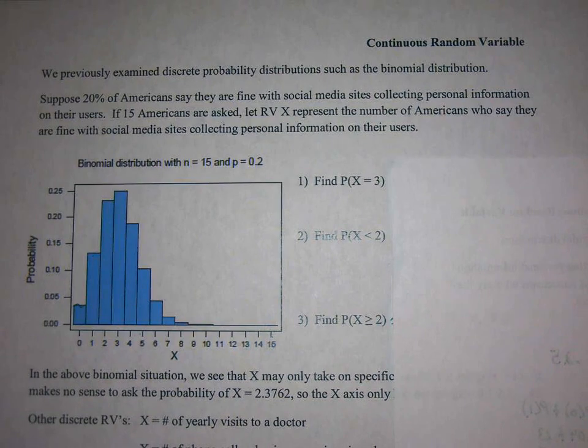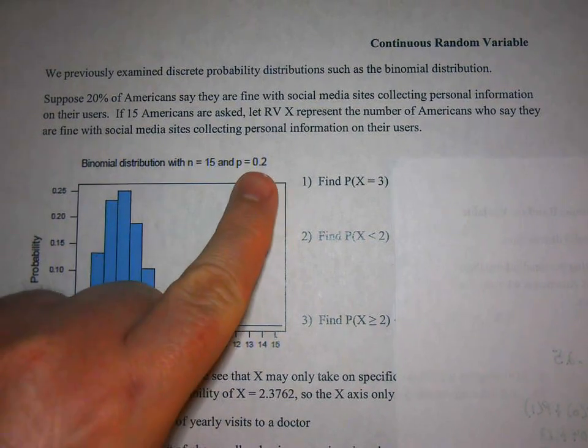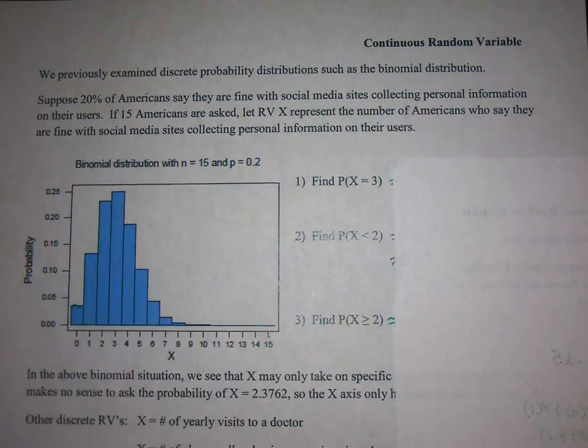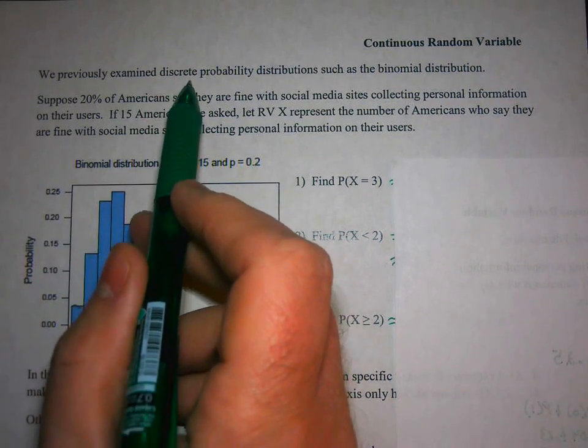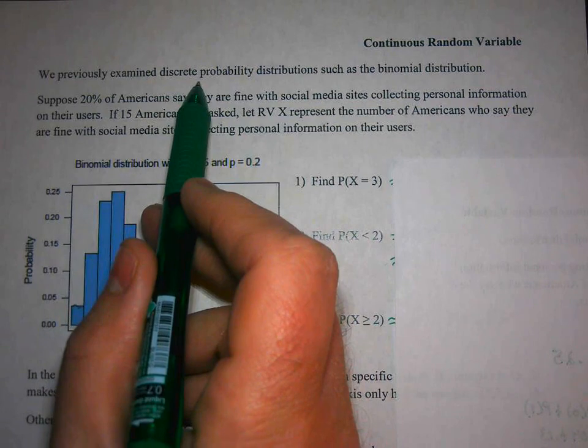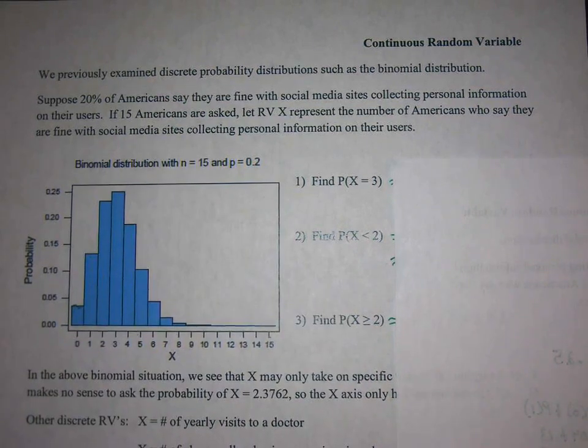So any single person they choose has a probability of 0.2, or 20%, of saying they are fine with the social media site collecting information. Now what we want to focus on is the idea of discrete probability distributions. Discrete means there's a countable number of outcomes.